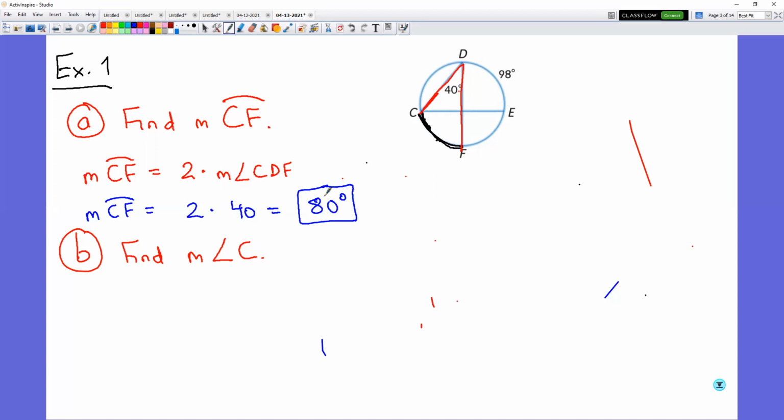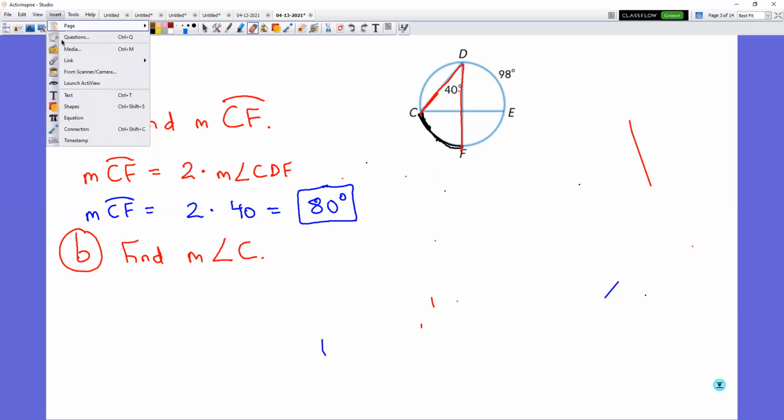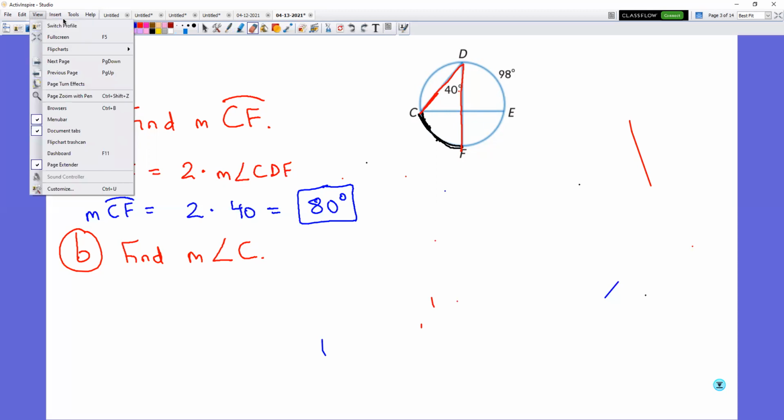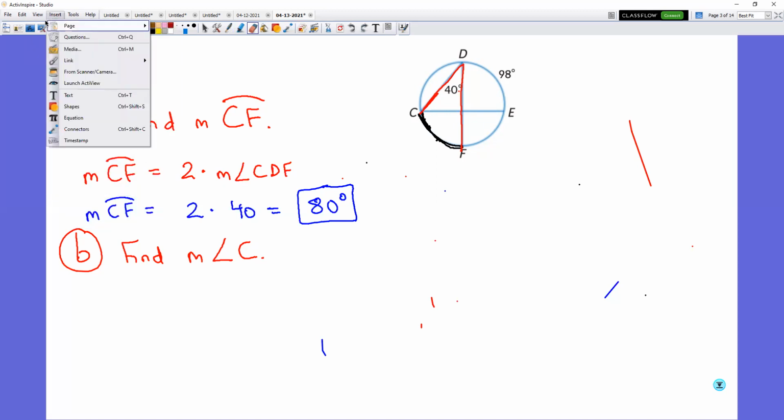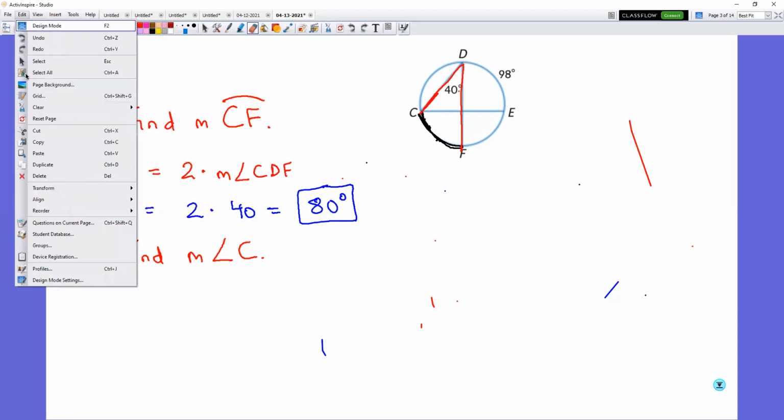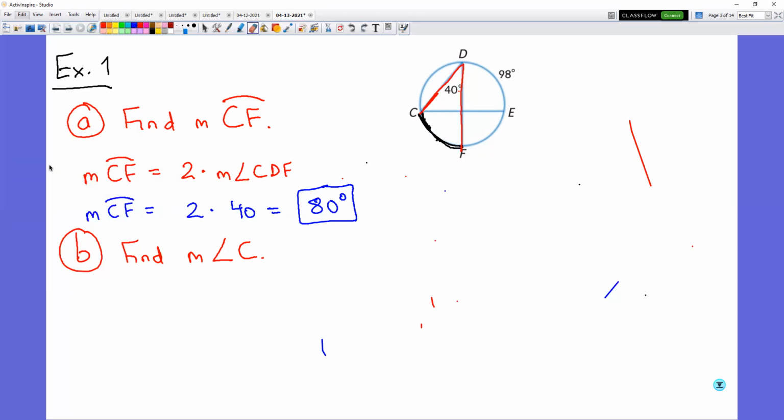Now, let me duplicate this page so you can keep everything at the same place.